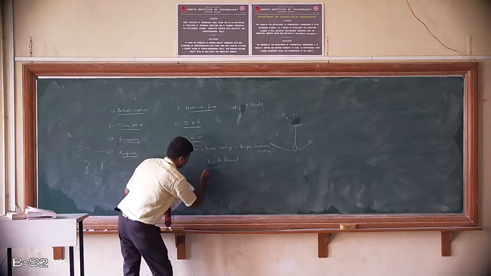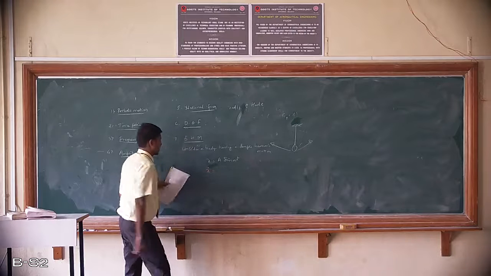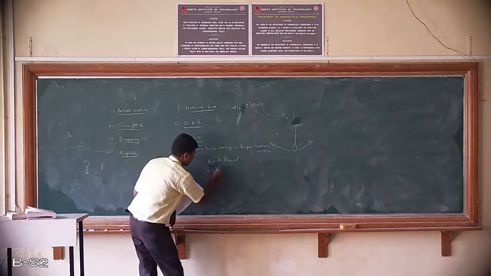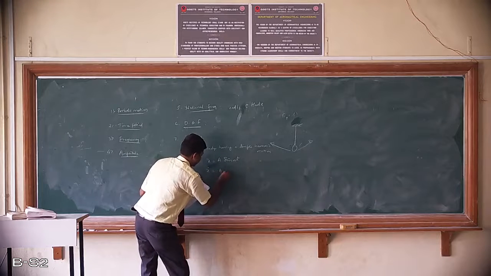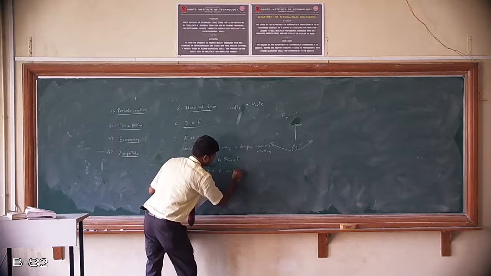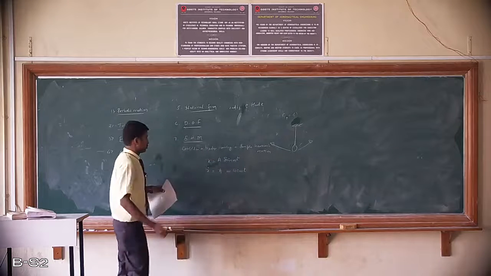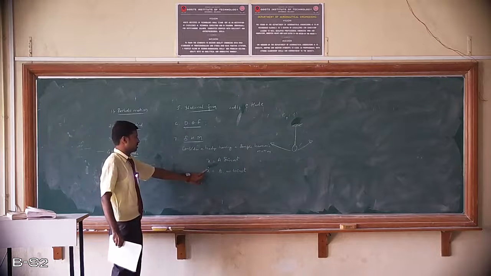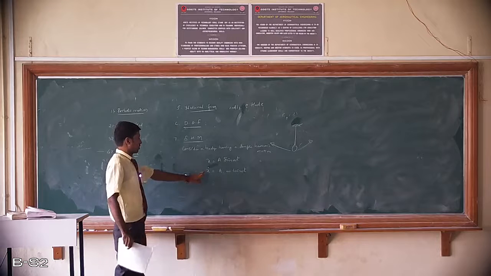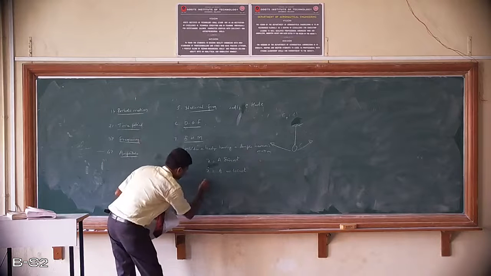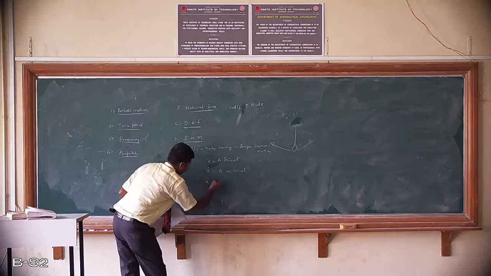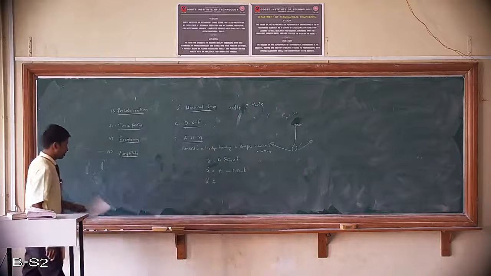Now if I differentiate it, it becomes x dot, and the differentiation of a sine omega t is a omega cos omega t. So if I differentiate the displacement, then it becomes velocity. If I differentiate velocity, then it becomes acceleration, represented by x double dot.